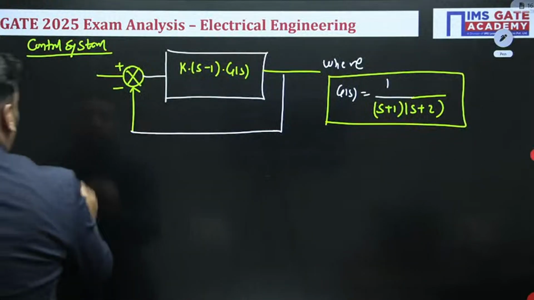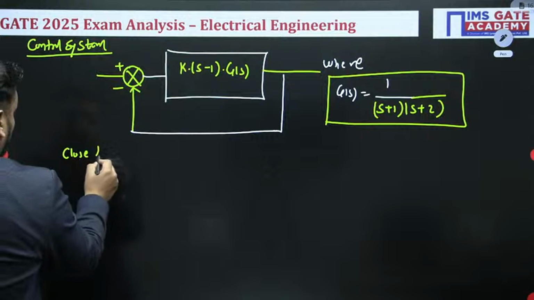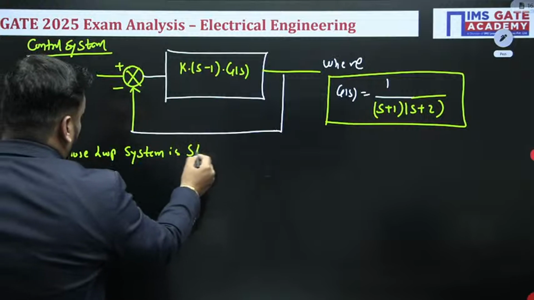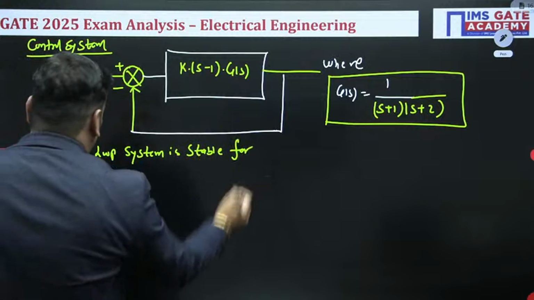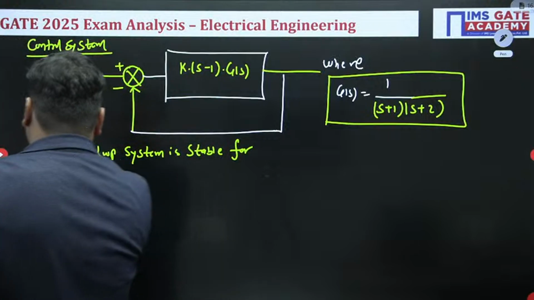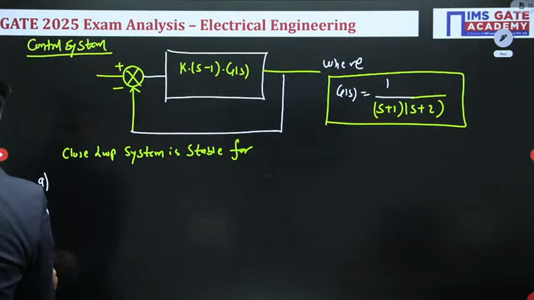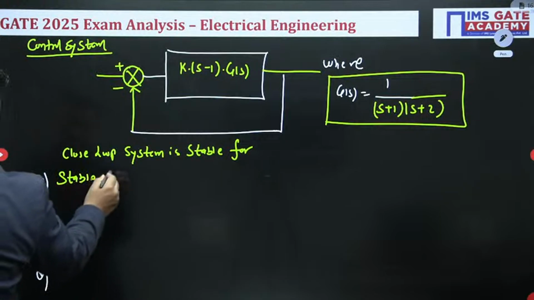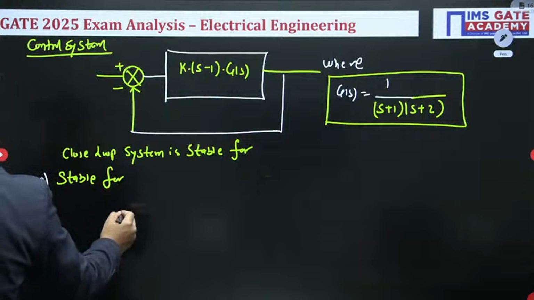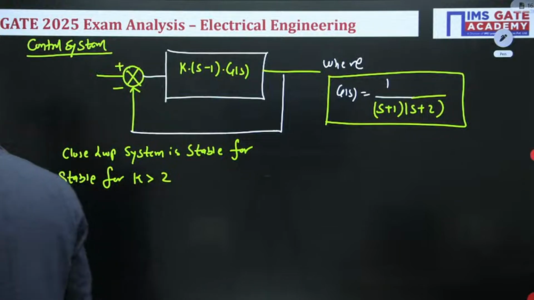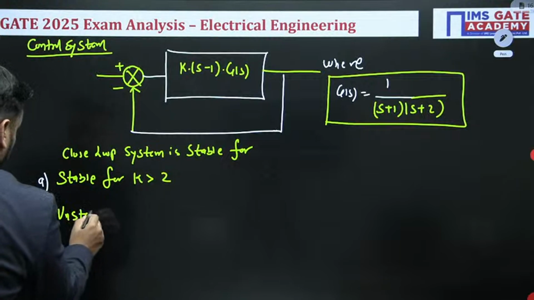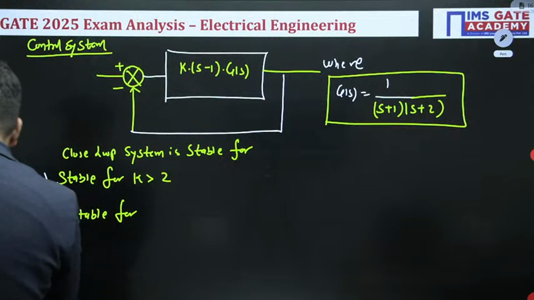And it is asking: the closed loop system is stable for what? Options are also given to us, guys. Option A: stable for K is greater than 2. Option B: unstable for K is greater than 2.